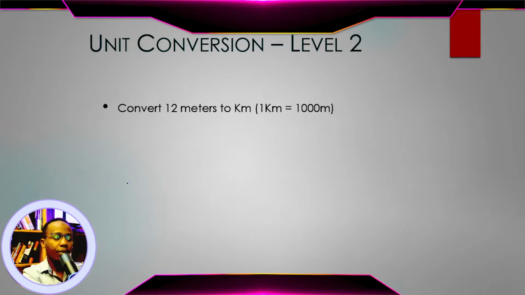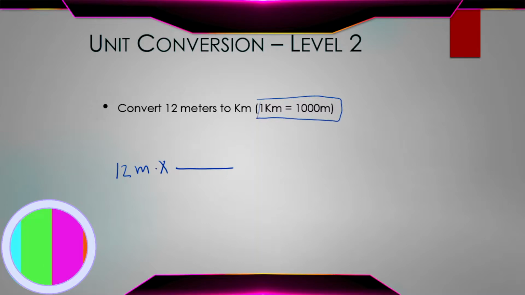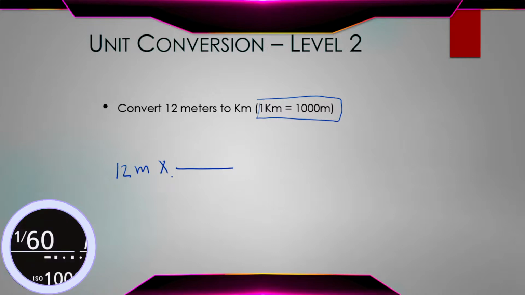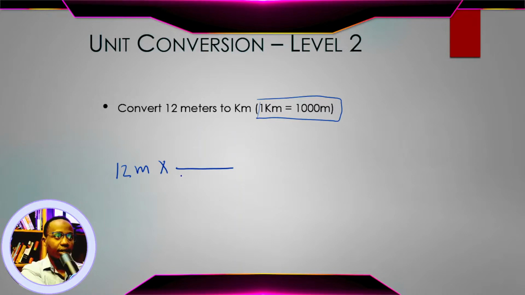And then you start with what's been given. So you always start with what's been given, which is 12 meters here. And then you multiply by the conversion fraction. The conversion fraction, again, is really important. You get it from the conversion formula, and you make sure that what goes at the bottom here is what you have here. So here you have meters, meaning that at the bottom you get meters.